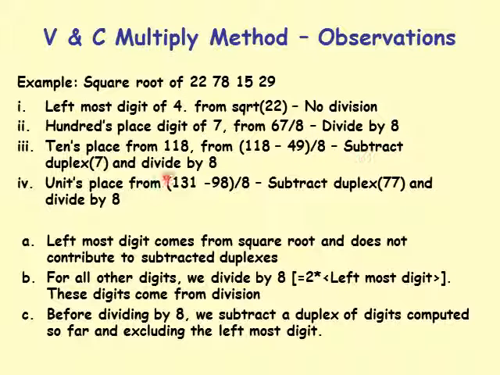Divide by 8 here, divide by 8 here, and divide by 8 here. Before dividing by 8, we subtracted duplex of digits computed so far, excluding the leftmost digit. So leftmost digit 4 is not using any duplexes, and so before we divide by 8, we subtract duplex of digits computed so far and excluding the leftmost digit.